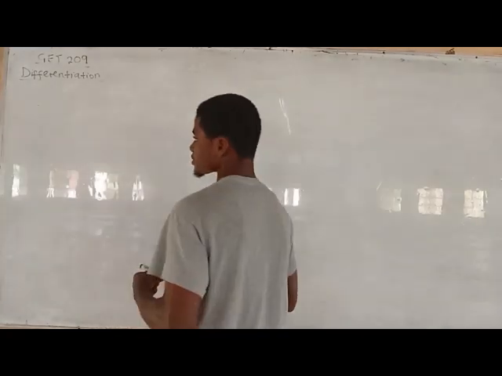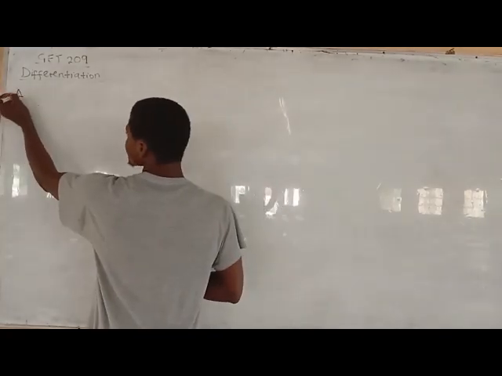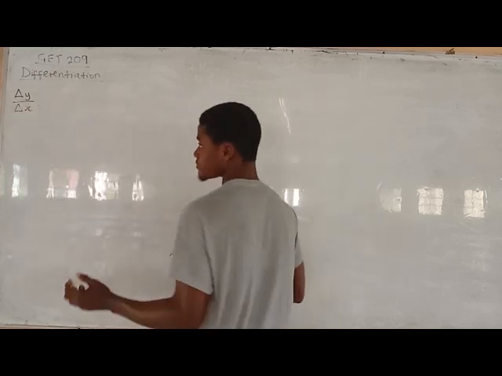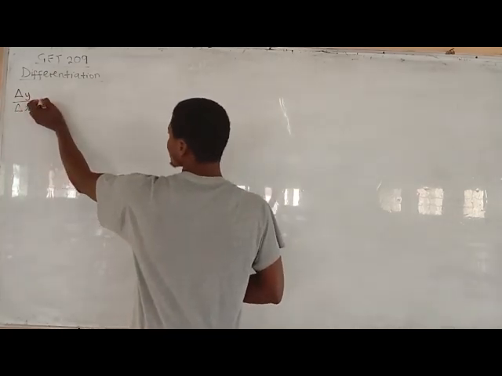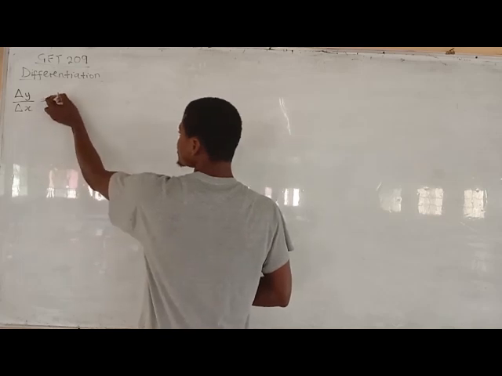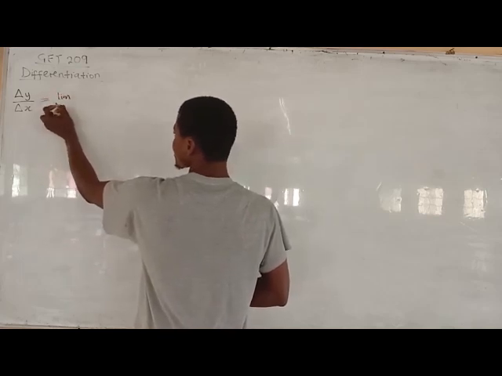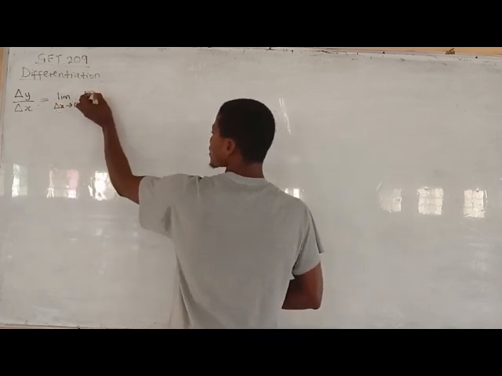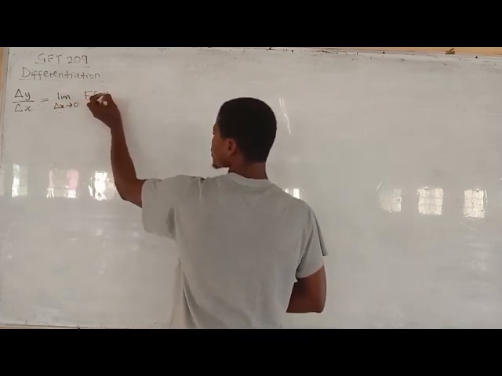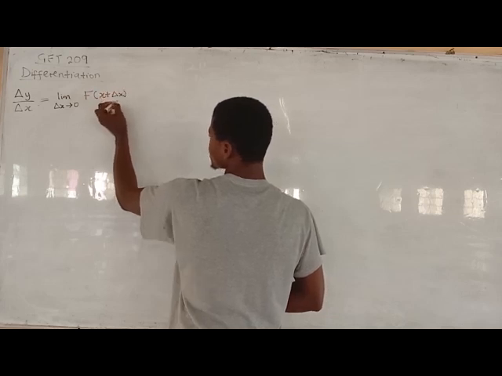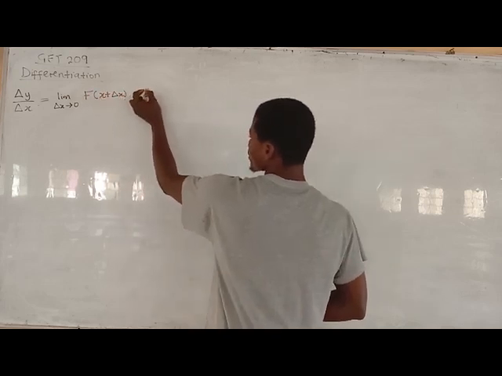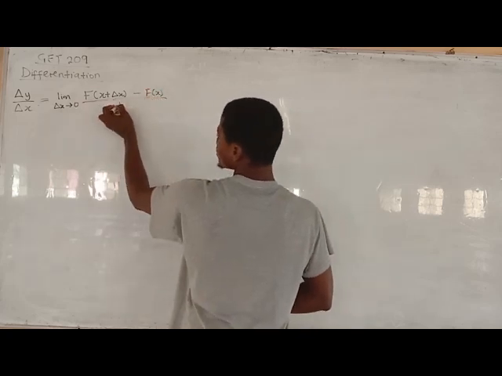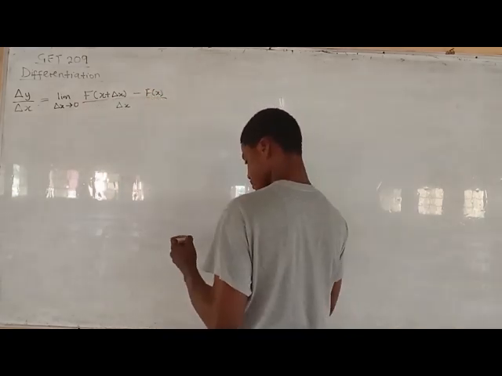So the formula states that for every change in y with respect to change in x, to find it, you need to take the limit, as the change in x approaches 0, of f of x plus change in x, minus f of x, divided by change in x.